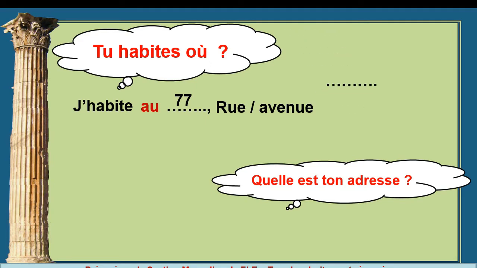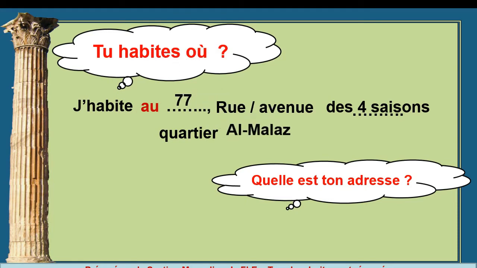After that, the name of this street, rue or avenue, is what, the précisions, for example. After that, quartier, meaning the region. What region? For example, Malaz or Olaya or Wadi Laban, as you like. So j'habite au 77 rue or avenue des 4 saisons, quartier Al-Malaz.